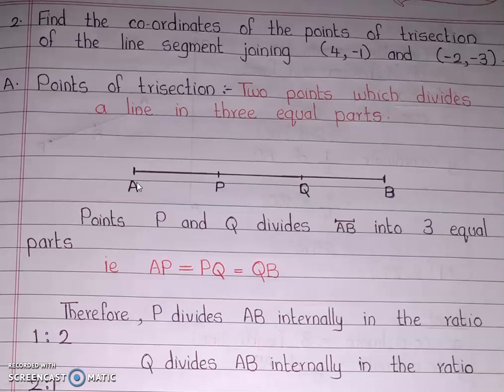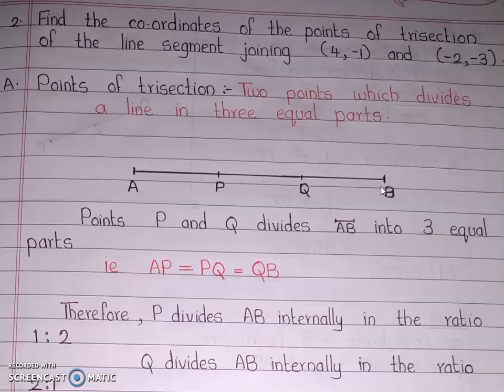So the ratio by which the point P divides AB is 1:2, isn't it? Now let us consider the point Q. Here AQ will be 2 centimeters and QB will be 1 centimeter.